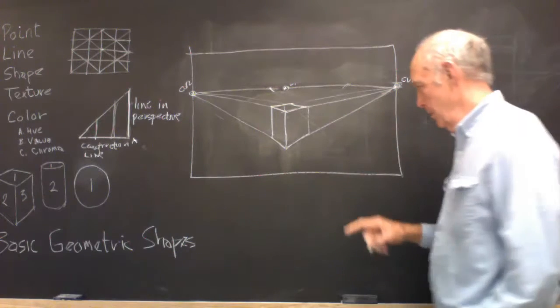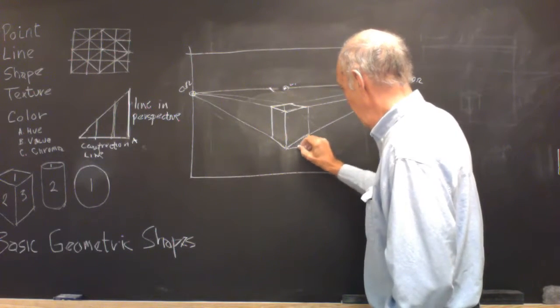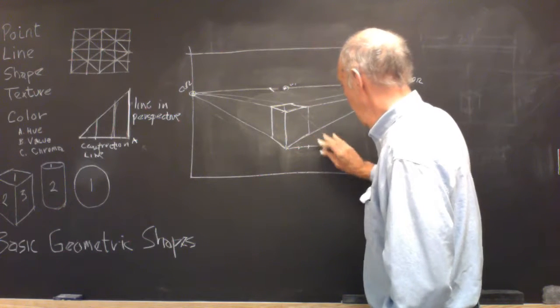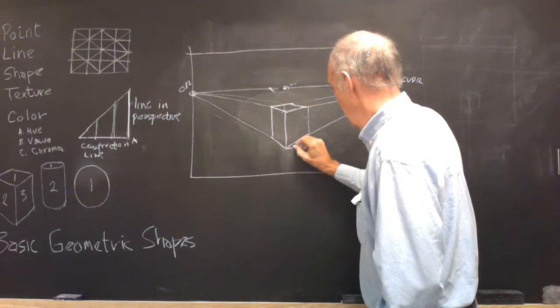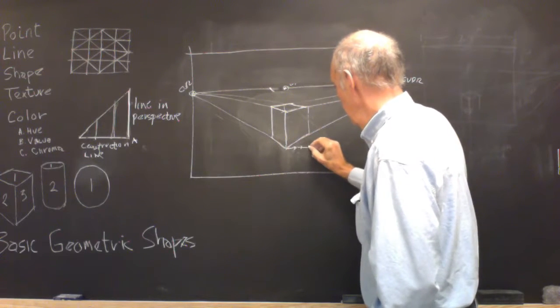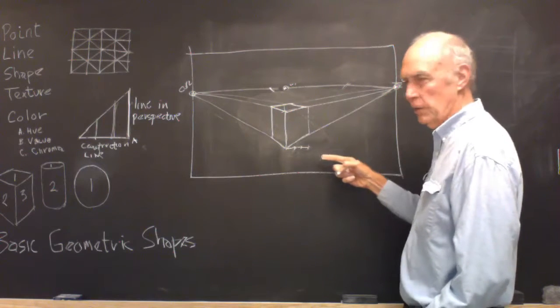So I'm going to use a construction vanishing point here, get 3 equal sections. I'll make them smaller. 1, 2, 3. Okay, so my construction line is here, construction line is here.